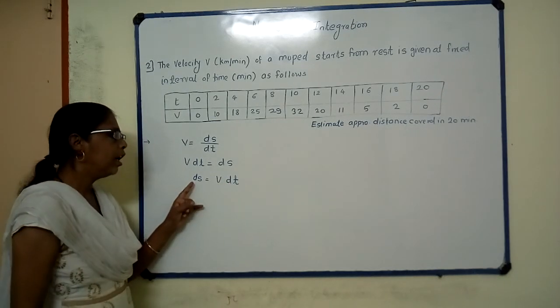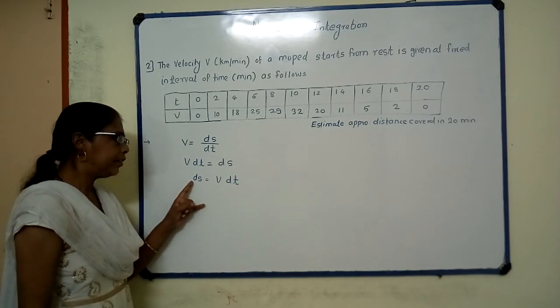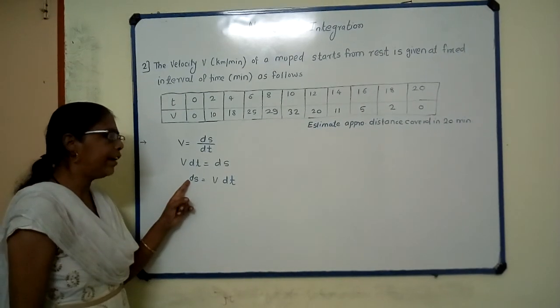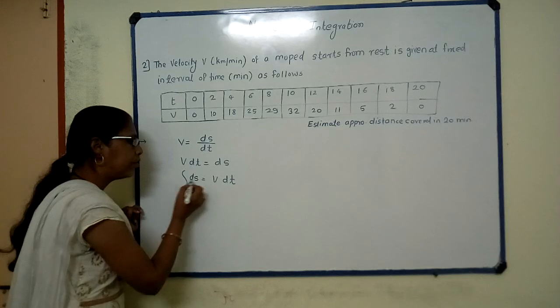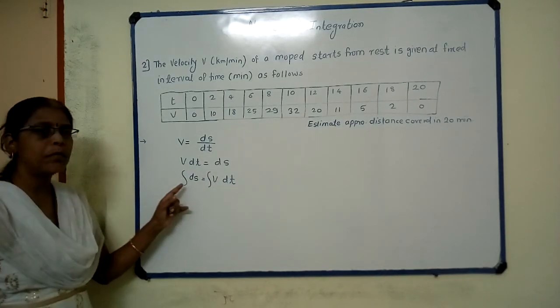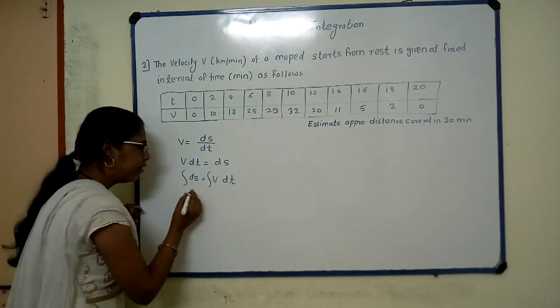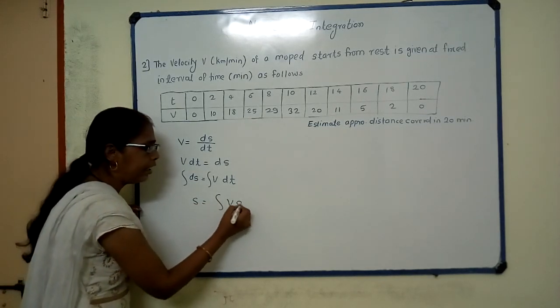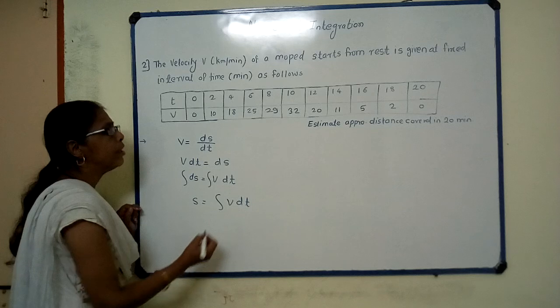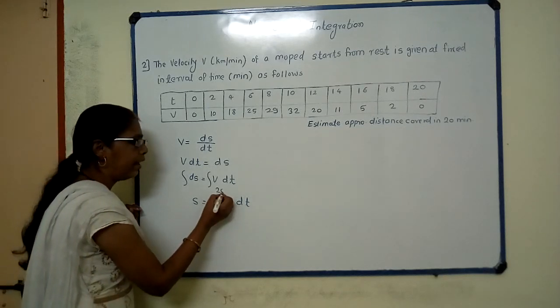To cancel this derivative, we have to integrate on both sides. Integration of ds is s and integration of v dt is from 0 to 20.